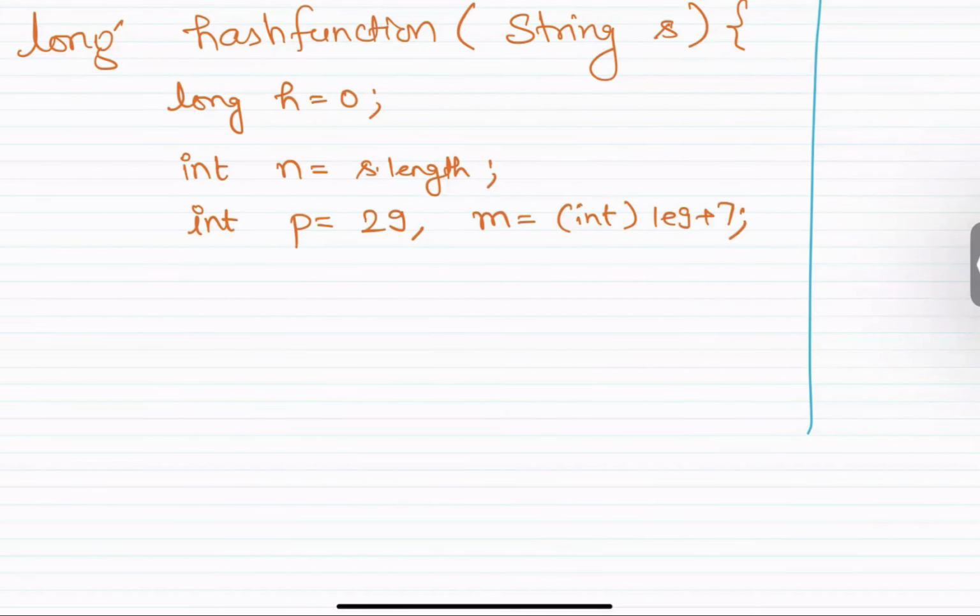Then a for loop: for int I is equal to 0, I less than s dot length, I plus plus. We can use n, you have taken n already.